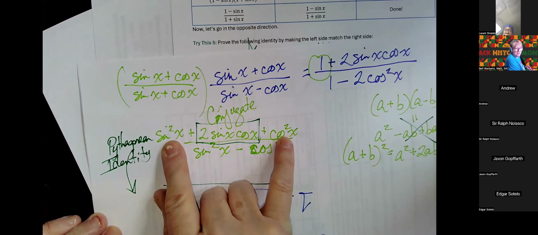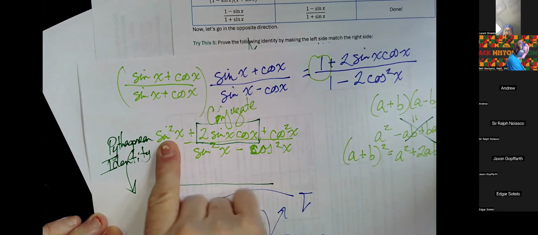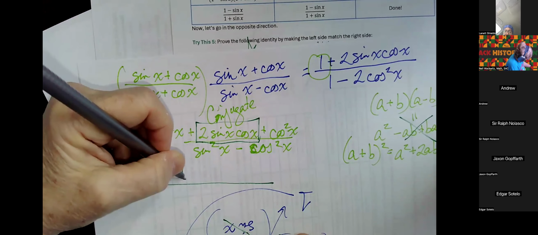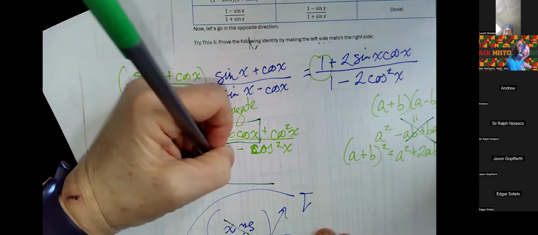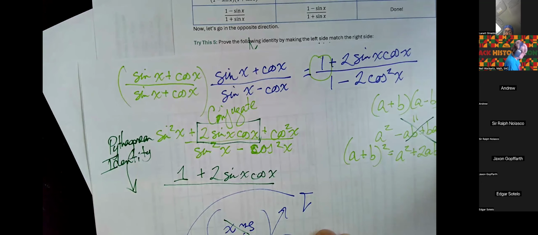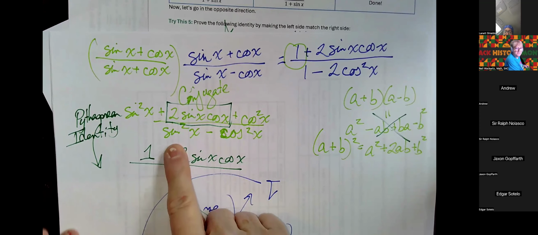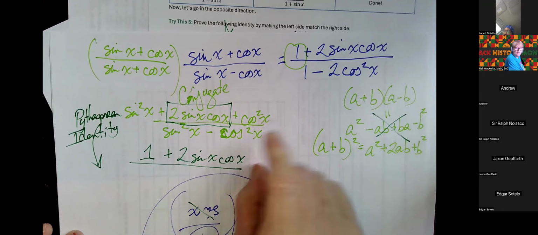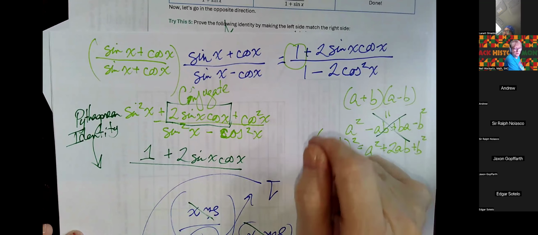So that's awesome. Using a Pythagorean identity, we're going to replace sine squared x plus cosine squared x with 1. And we have the goal numerator. What about the denominator? We've got sine squared x minus cosine squared x. And the goal is 1 minus 2 cosine squared x.